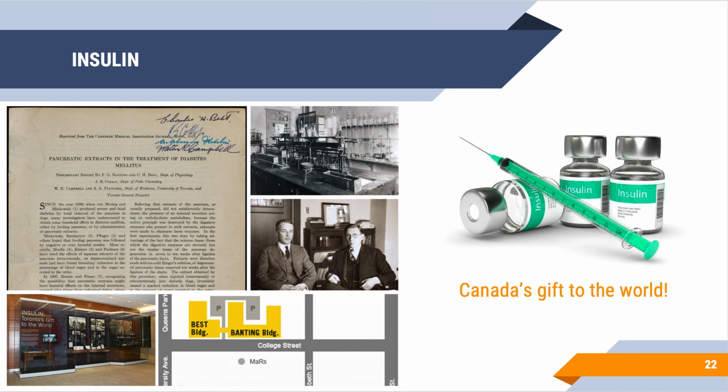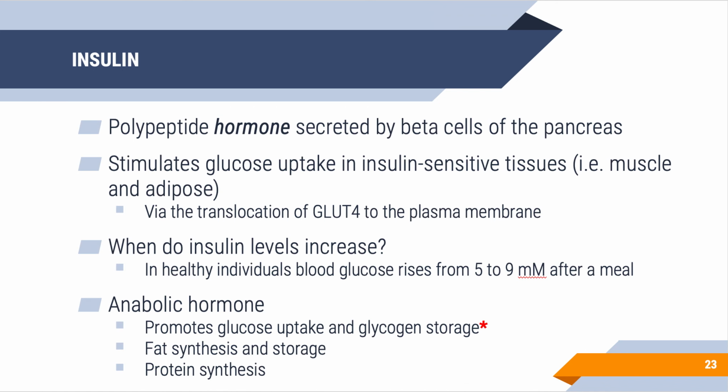First and foremost, insulin is Canada's gift to the world. It was discovered by Banting and Best in 1921, actually out of the University of Toronto, and they won the Nobel Prize in 1923 for this invention. Insulin is a polypeptide hormone secreted by beta cells of the pancreas.